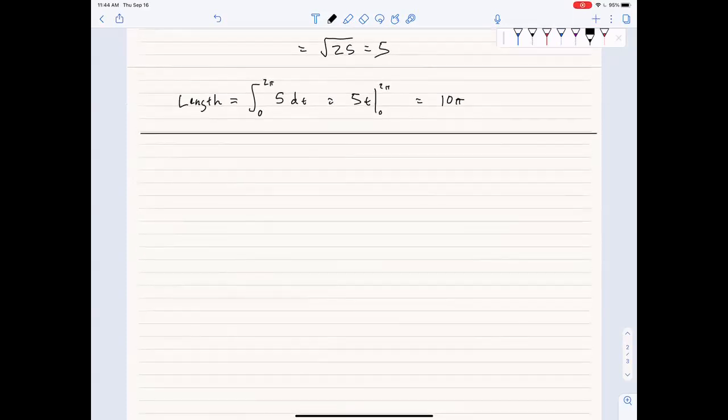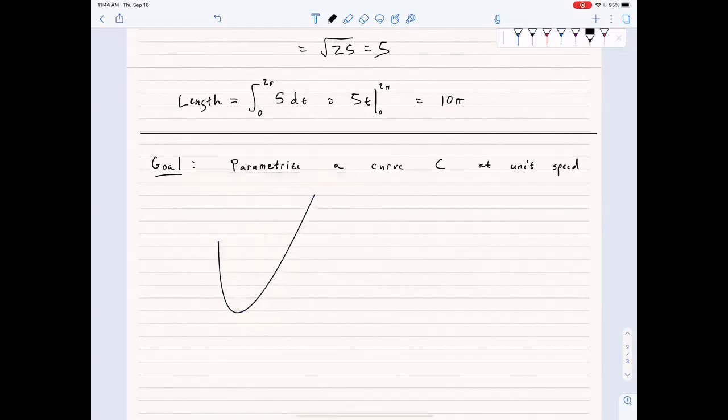Okay. So our goal now is to parametrize or reparametrize a curve C at unit speed. This is just kind of intuitive language, let's say. So let's say I have a curve like this.